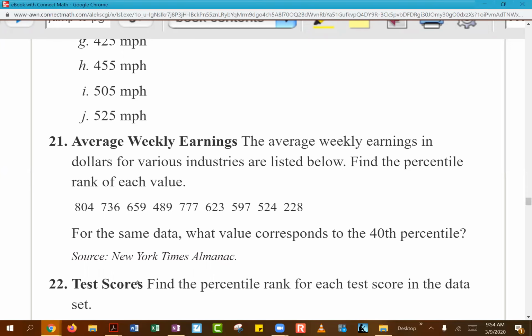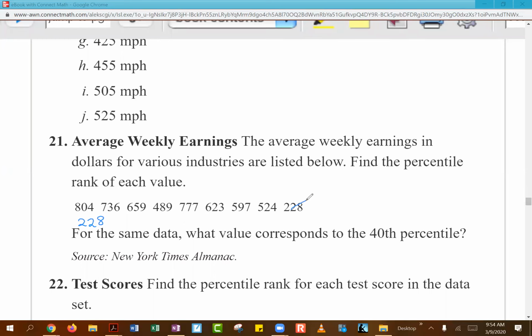So what's the first thing we need to do here? Put numbers in order, very good. So which would be our smallest value here? 228.